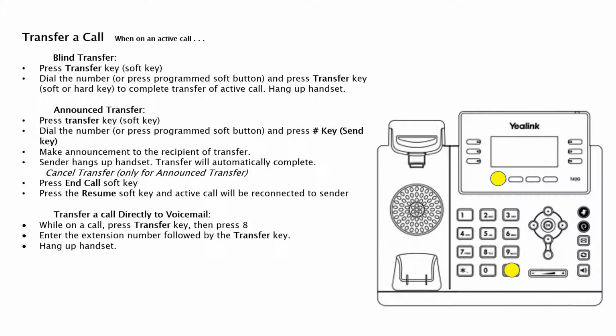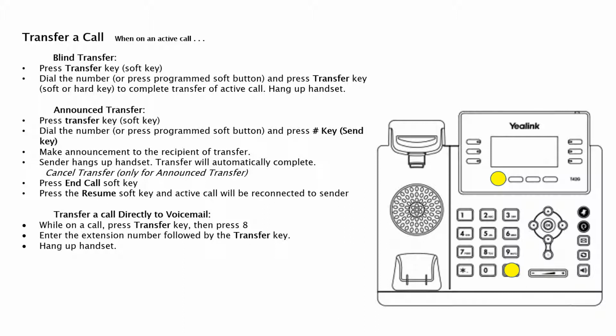If they want to take the call, then you would hit transfer again. If they don't want to take the call, then you can resume the call, and you can then transfer them into voicemail. And the sequence there would be transfer, the number 8, extension number, and then transfer again.